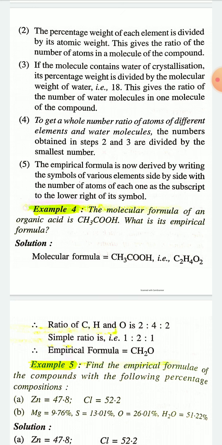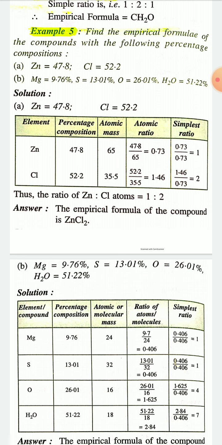This is also the empirical formula of glucose. Okay, you have to remember that CH2O is the empirical formula of glucose, and it is also the empirical formula of CH3COOH. Now see example 5. Find the empirical formula of the compounds with the following percentage compositions.